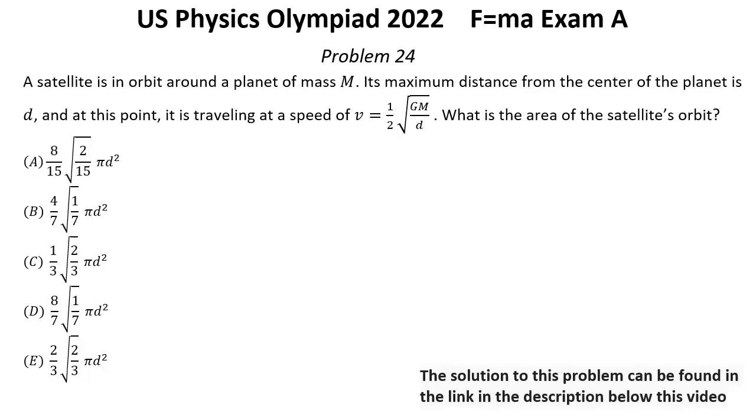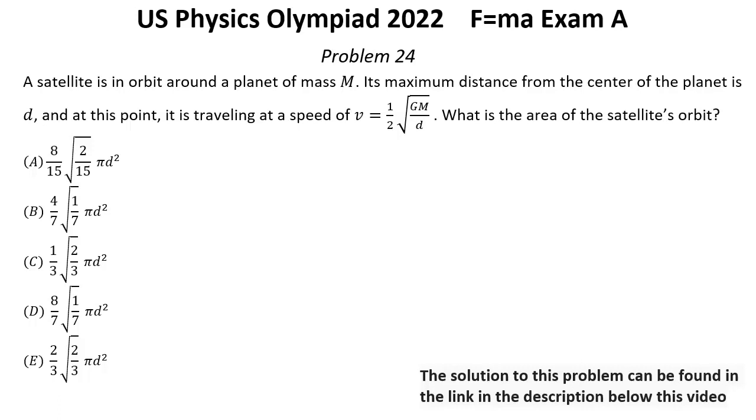Solution for problem number 24. This problem could be solved using two main properties of orbital motion. First, the connection between total energy and the semi-major axis. And second, Kepler's third law, connecting the period of motion with the semi-major axis.